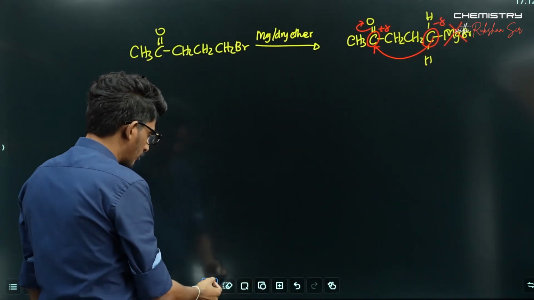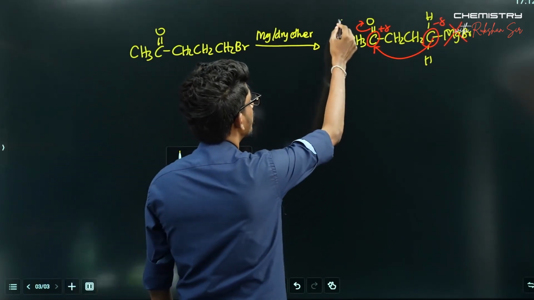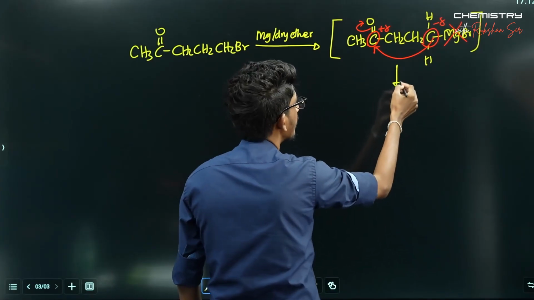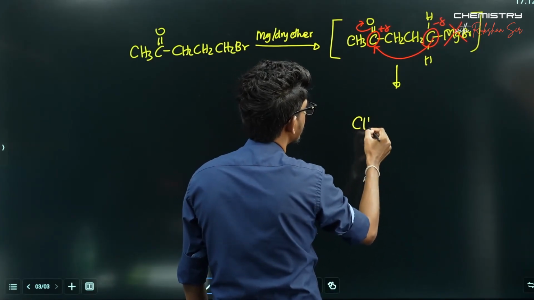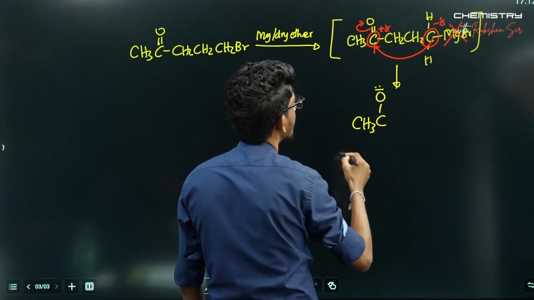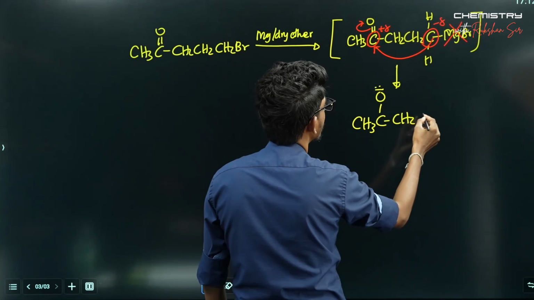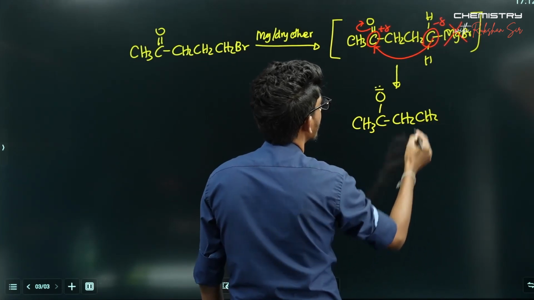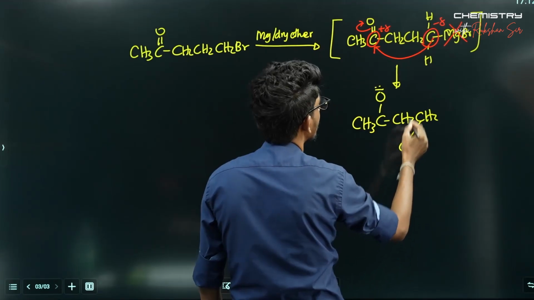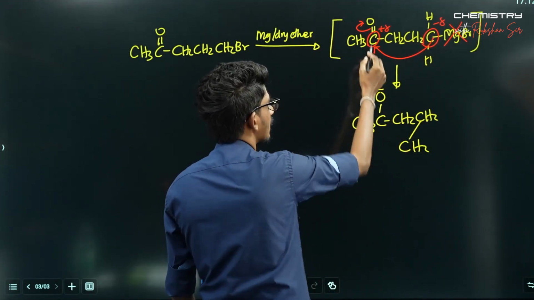So what would be the ultimate compound then? What you would observe practically is not this one, but this kind of compound. Then you have CH2, CH2, and this carbon with 2 hydrogens will be connected to this carbon, like this.